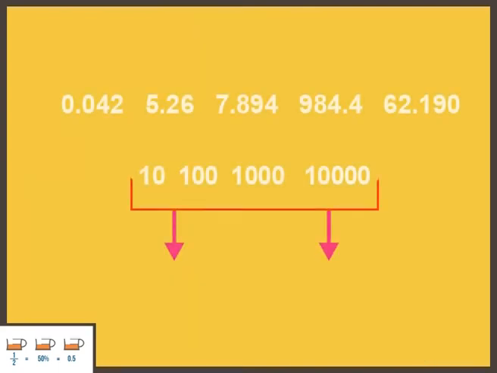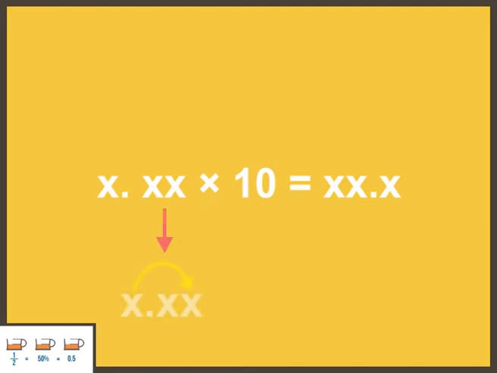We will discuss how to multiply and divide the decimal numbers by multiples of 10. To multiply a decimal number by multiples of 10, we will shift the decimal point towards right depending upon the zeros in the multiples of 10.